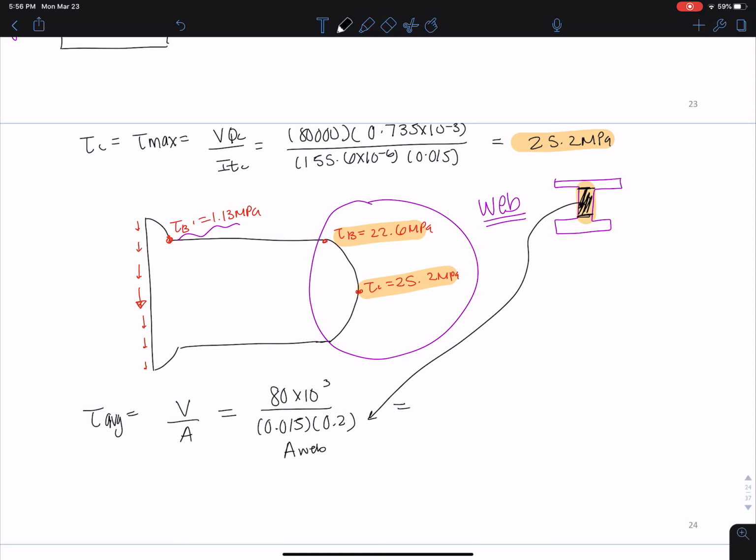The value you get here is 26.7. You can see that this is really similar to these values, overestimating by just a little bit. So a lot of codes will allow you to estimate using this average shear stress as opposed to using the shear formula, but in some cases we do need to know what the shear is at a point, so then we need to use this exact shear formula.